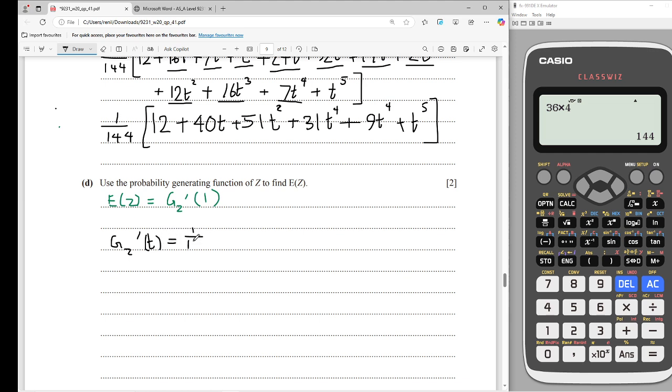So gz'(t) equals, let's differentiate. Our constant here remains as 1/144, and when you differentiate 12 it becomes 0. When you differentiate 40t it becomes 40. This will become 51 times 2, which is 102t.